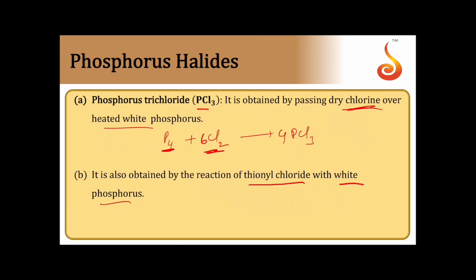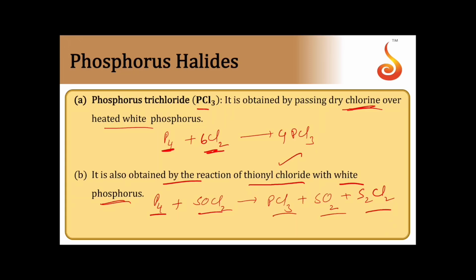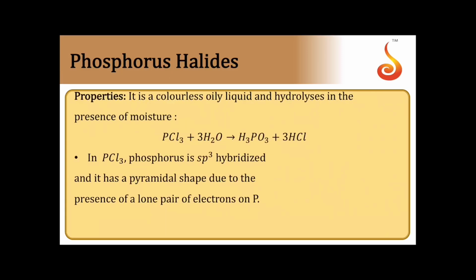So P4 plus SOCl2 also gives PCl3, and the other byproducts are SO2 and S2Cl2. That covers the preparation of phosphorus trichloride.